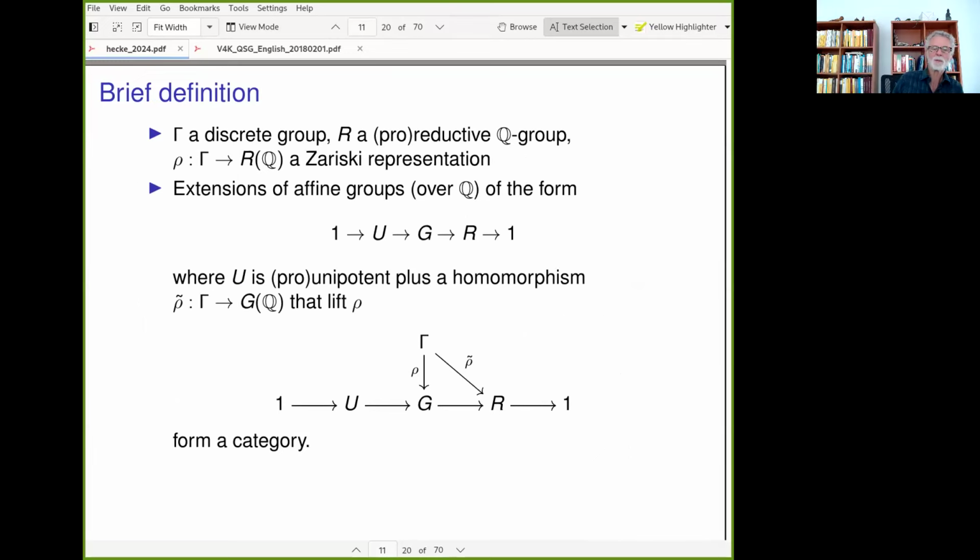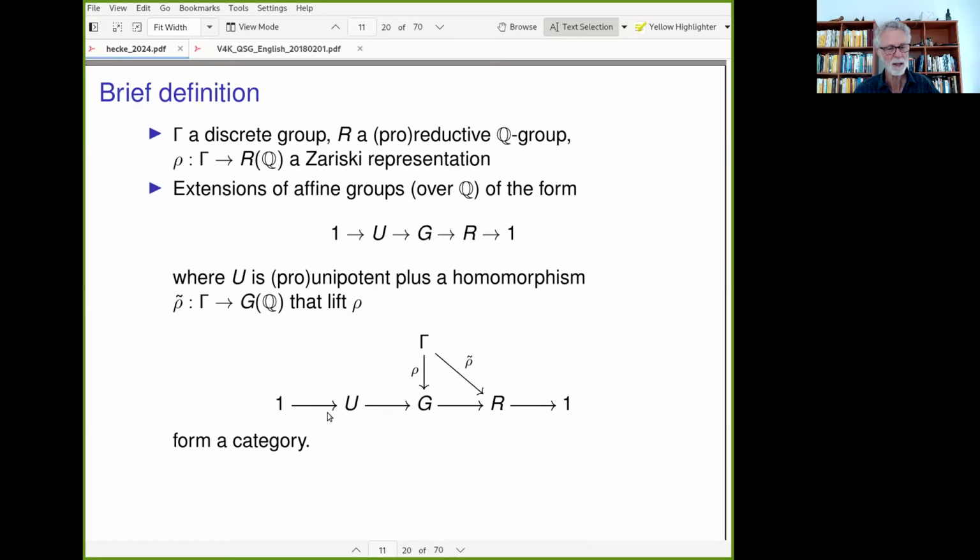And the next thing you observe is that if you look at the following situation, we're going to look at affine groups, which are extensions of our fixed reductive group by a unipotent group that come equipped with a homomorphism from gamma into the Q rational points of the group.